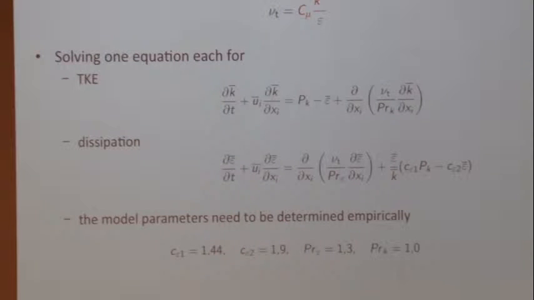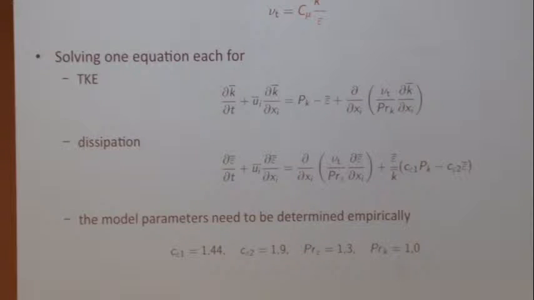And so if you know the decay rate from the experiment, you can just get C epsilon 2. And then C epsilon 1, in a similar way, you can get for homogeneous turbulence. But these values that you get for these ideal cases don't work in real life. So the thing about the K-epsilon model is that, in a sense, it's an empirical model. And for each different case, basically, you have to refit these values.